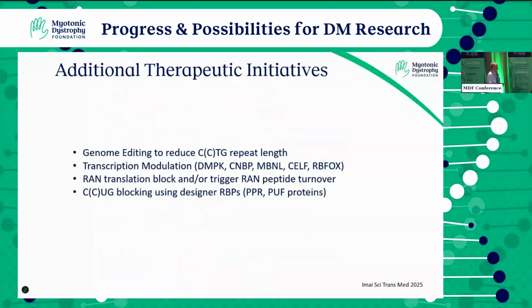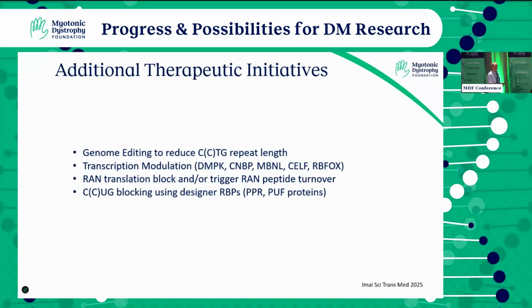So additional therapeutic initiatives, I haven't talked about genome editing. We'll hear about that very quickly. Transcriptional modulation, which I think is another very important aspect of what could be in the future. And that's transcriptional modulation of all the characters involved in DM1 and DM2 pathogenesis.